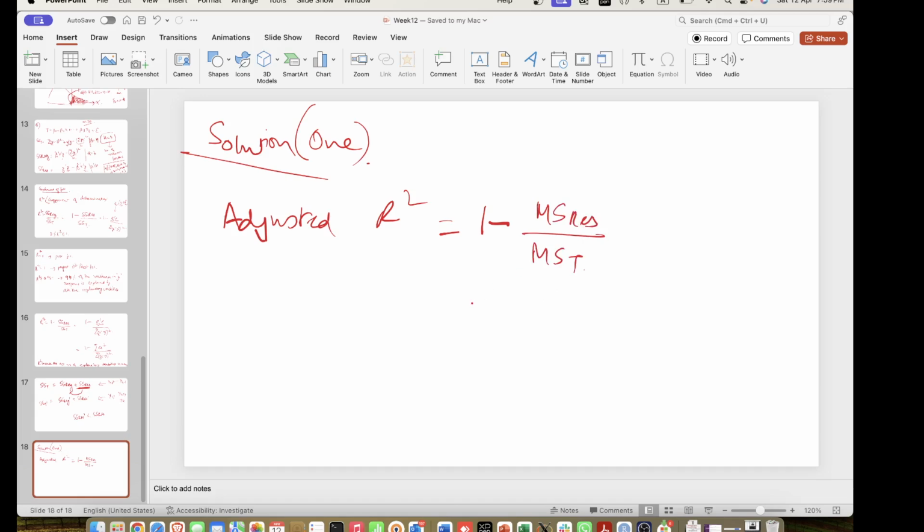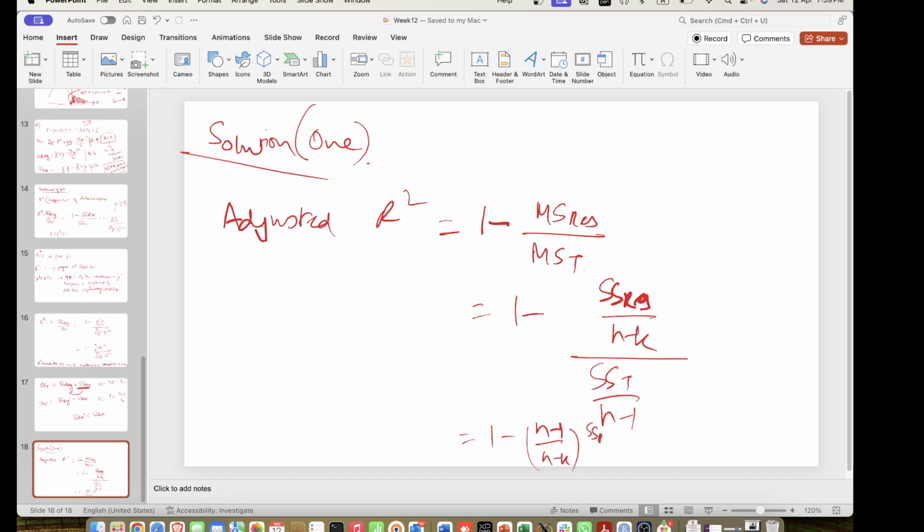So this one is actually 1 minus SS due to residuals by n minus k, by SST by n minus 1. So this is actually 1 minus (n minus 1) by (n minus k) times SS residuals divided by SST.